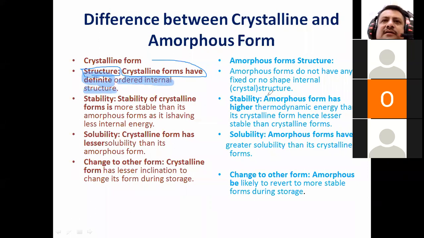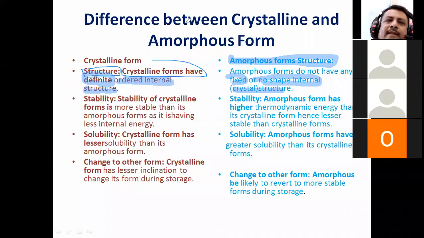When we talk about amorphous form with respect to structure, amorphous form does not have any fixed or sharp internal structure, that is, crystalline structure. So does everyone agree with this? Yes, sir. Okay.